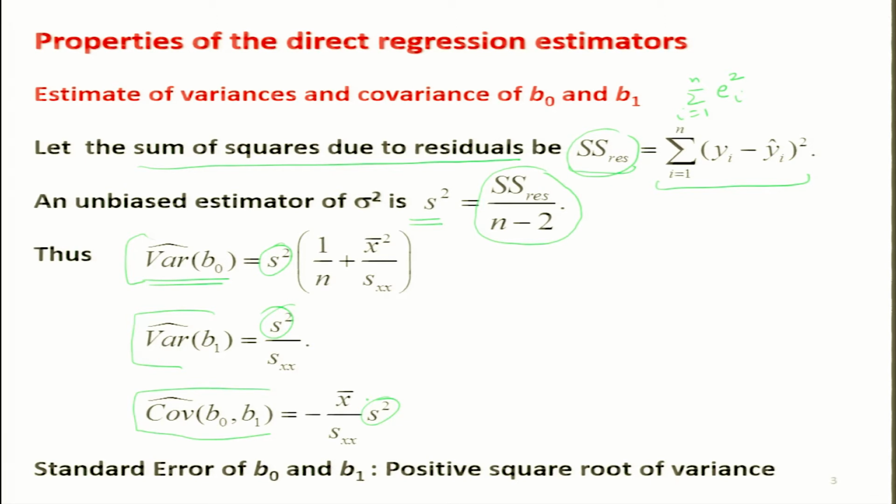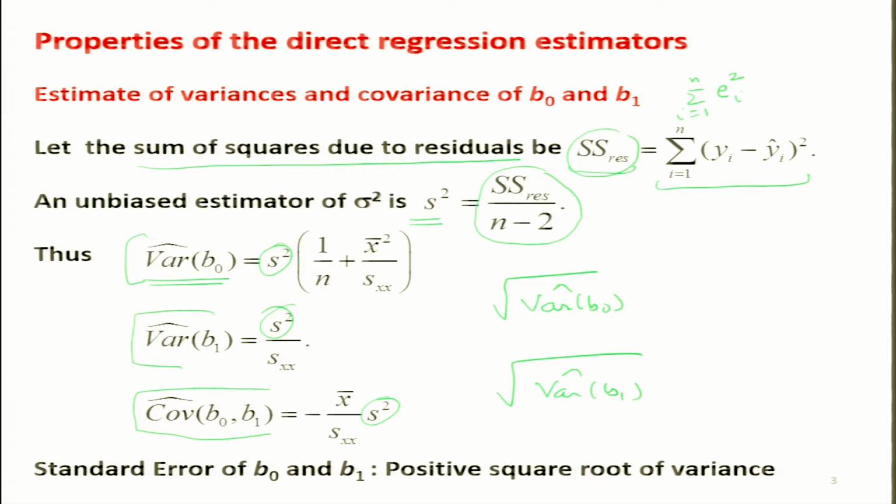Based on this we can compute the standard errors of B 0 and B 1. What we have to do is simply take the positive square root of the estimator of variance of B 0, and that will give us the standard error of B 0, and then take the positive square root of the estimator of variance of B 1, and that will give us the standard error of B 1.